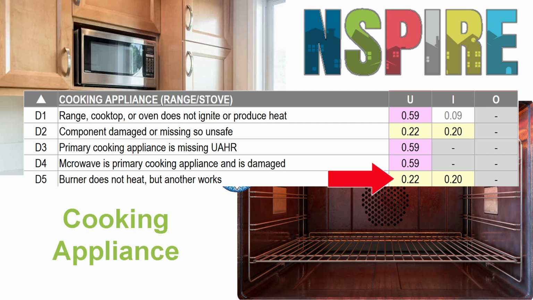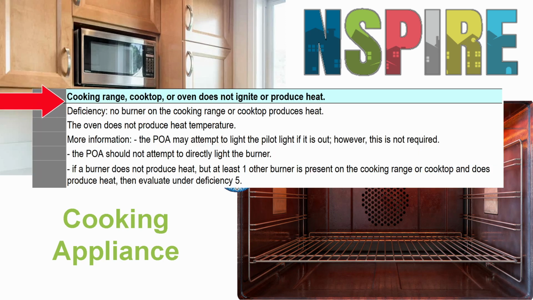Let's look now at the more complete definitions. These are closer to the official language. Deficiency 1, no burner on the cooking range or cooktop produces heat. The oven does not produce heat. For more information, the POA, that's the property owner agent, may attempt to light the pilot light if it is out.